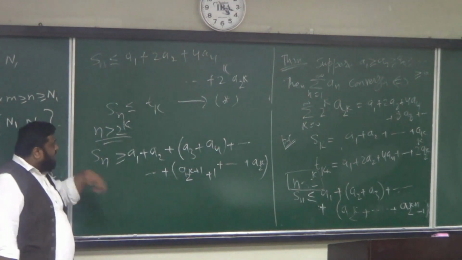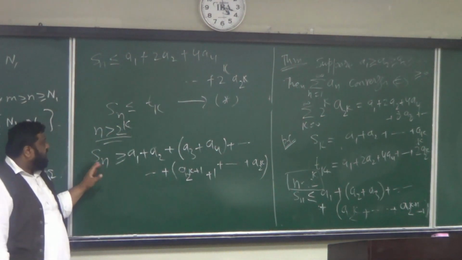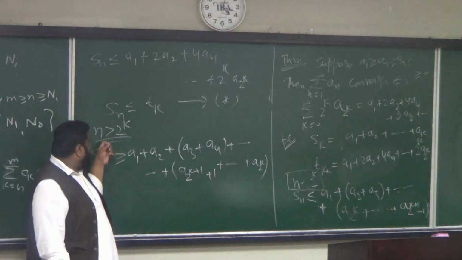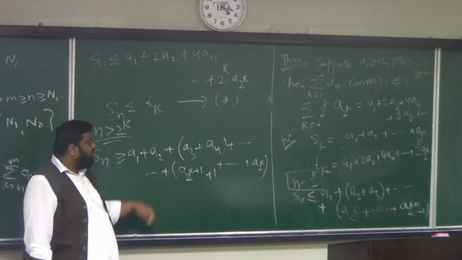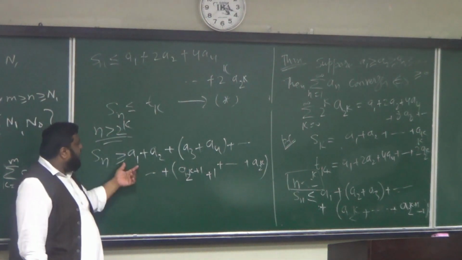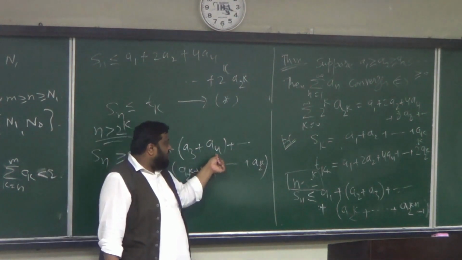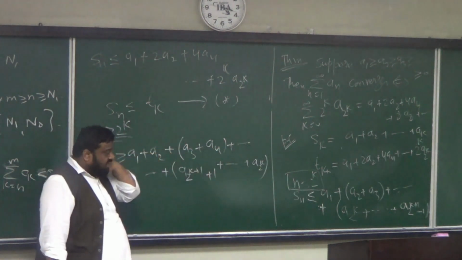So keep in view what Sn is. Sn is the sum from A1 up to An, and keep in view that n is bigger than 2^k. On the other side, we have A1 plus A2 plus A3 plus A4. What is going to be the next thing?